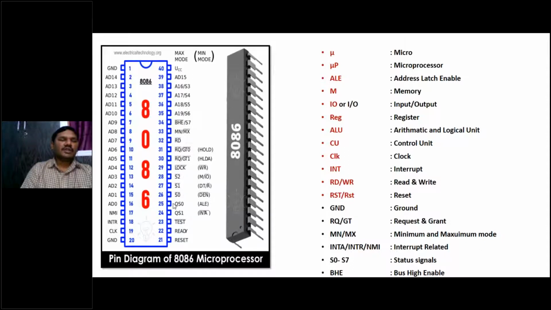QS0 and QS1 are called instruction byte queue status bits. The TEST signal and READY signal are used to test the acknowledgement from the wait state generator, memory or I/O, and there is the RESET pin. Here we have NMI, which stands for non-maskable interrupt, INTR for interrupt request, and CLK for clock.